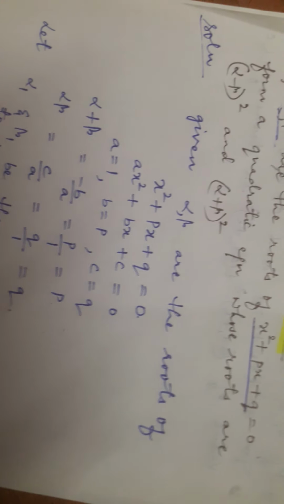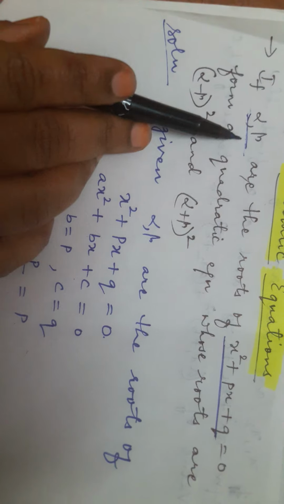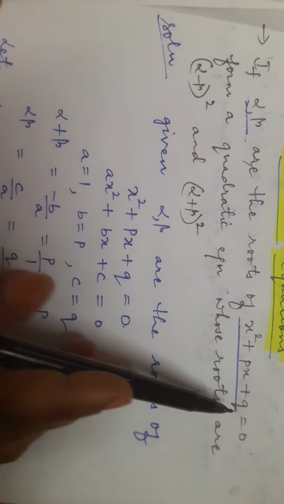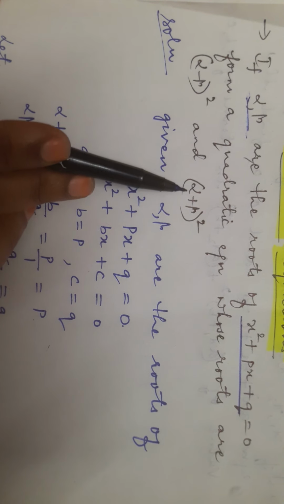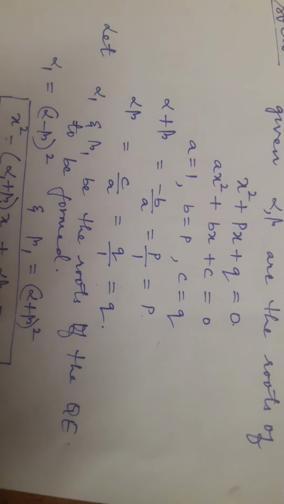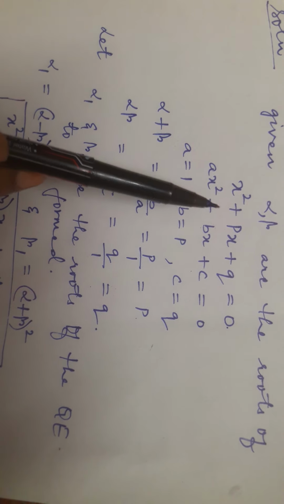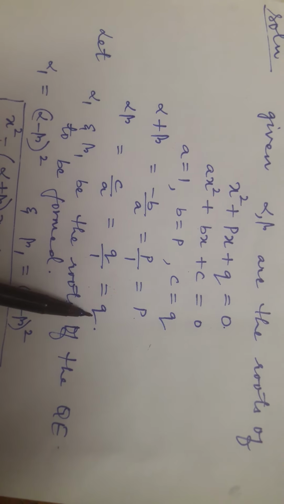So he gave us the question: alpha, beta are the roots of x square plus px plus q equal to 0, and he is asking us to form a quadratic equation whose roots are alpha minus beta whole square and alpha plus beta whole square. So we have written the condition as sum of roots and product of the roots, and we have derived that alpha plus beta is p and alpha into beta is q.